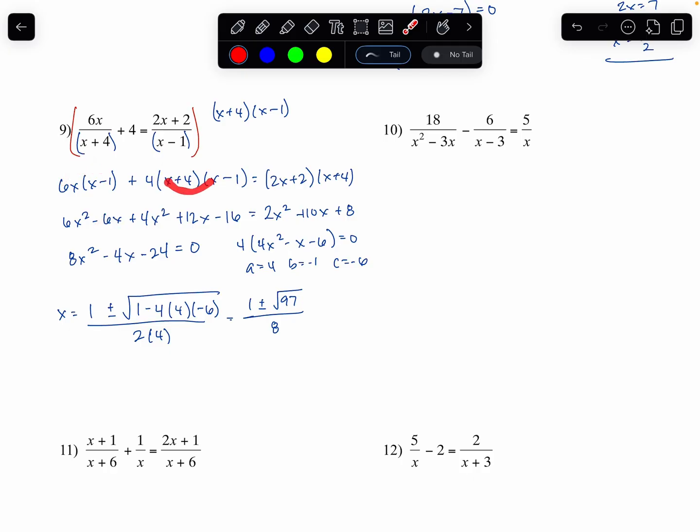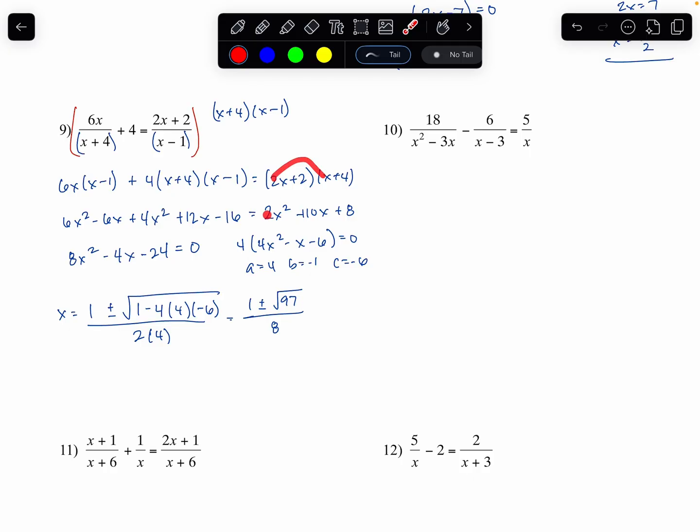That becomes 4x squared. And then negative x, so positive 3x times 4, positive 12x. And then negative 4 times 4 is negative 16.